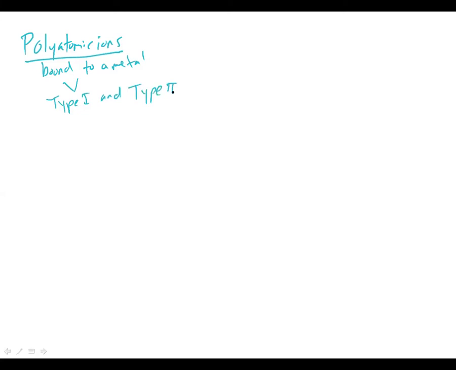When these polyatomic ions are bound to a metal, the metal is the important part. That is what you want to look at.